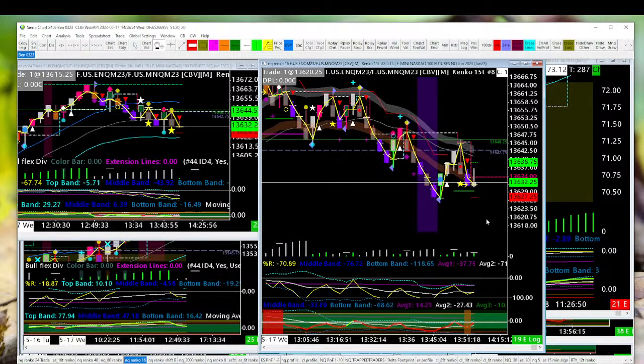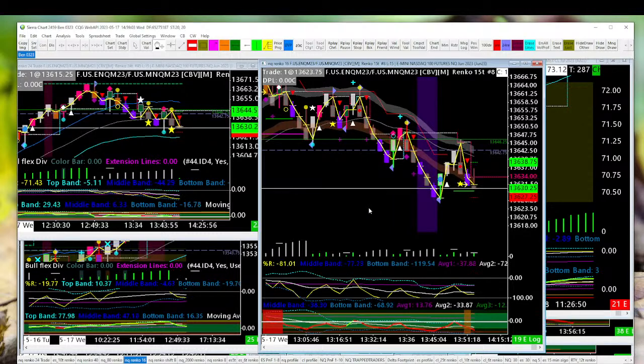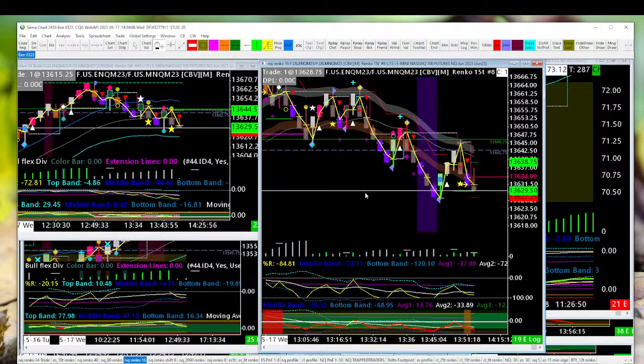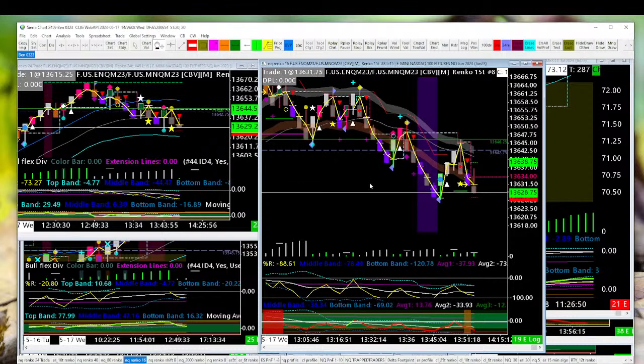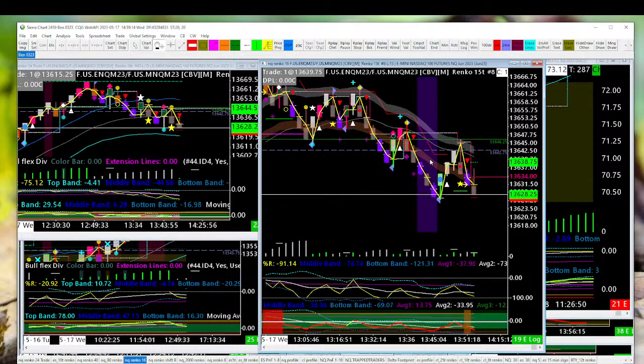But it would save me a stop by waiting. You could also miss a breakdown, but selling breakdowns today hasn't worked so far. So, and this wasn't even a breakdown. It was just an aggressive seller on the DOM.